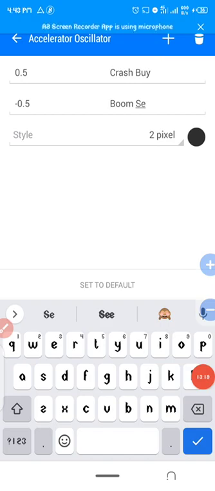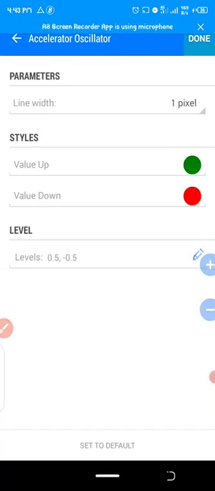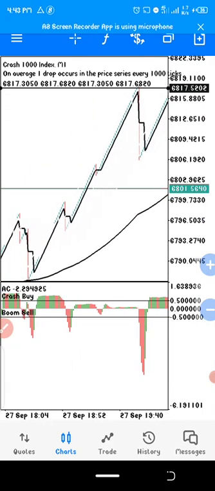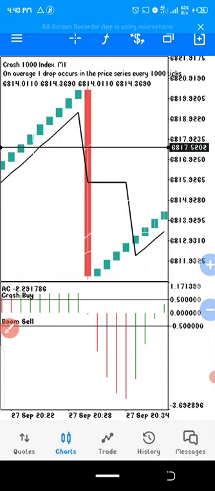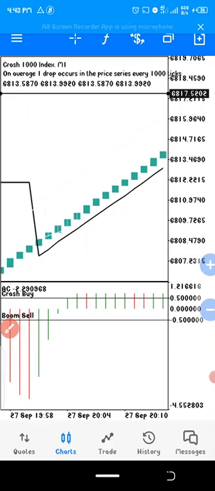You go back and click on done, and that is it. We've added it to our chart, and you can see the Crash buy and the Boom sell. That is going to be more of a visual to show us when to buy the market.